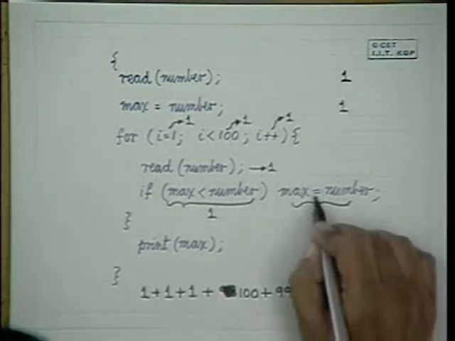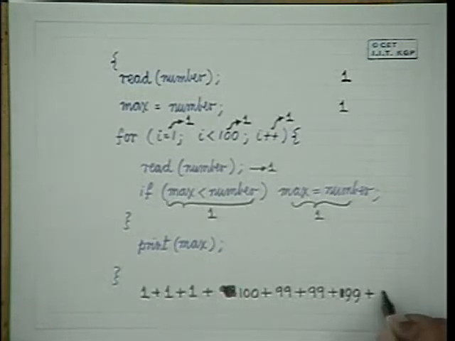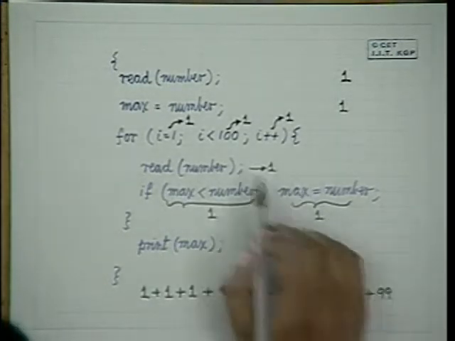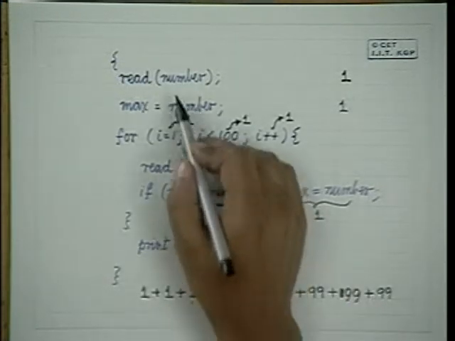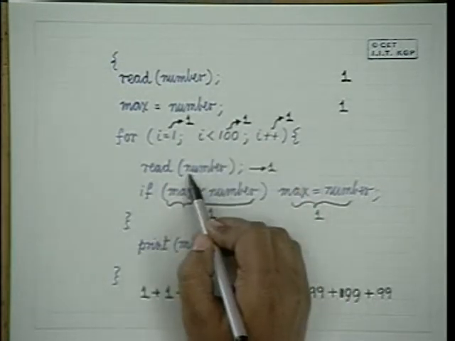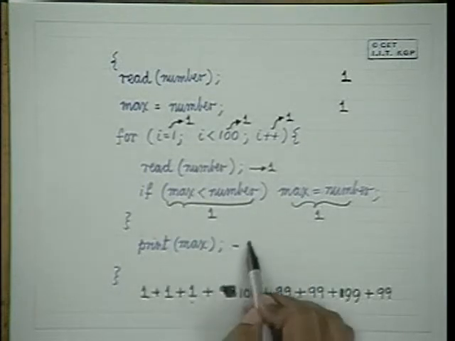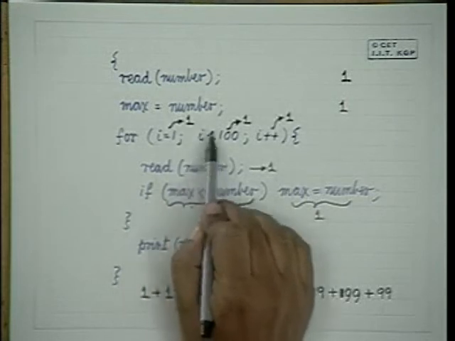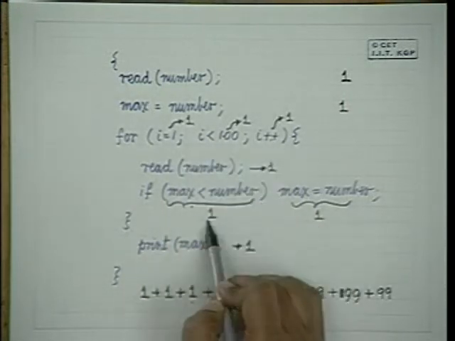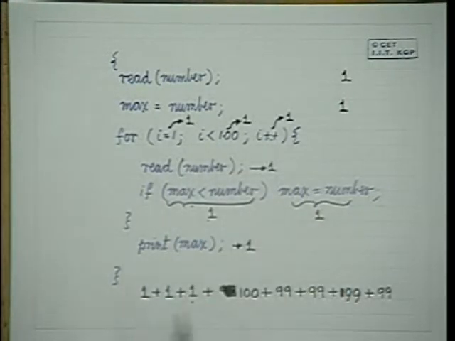And this will be executed again 99 times. So that is, this assignment statement will be executed 100 times, the read number will be executed 100 times, print will be executed once, and this one and this one will be executed 99 times. And we can add up and say this is the time required.